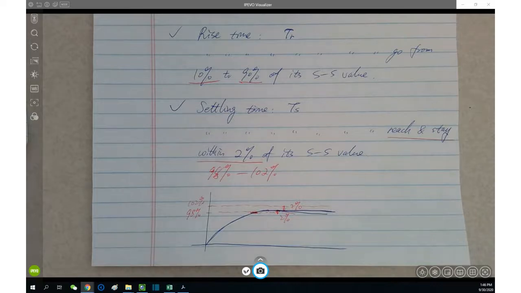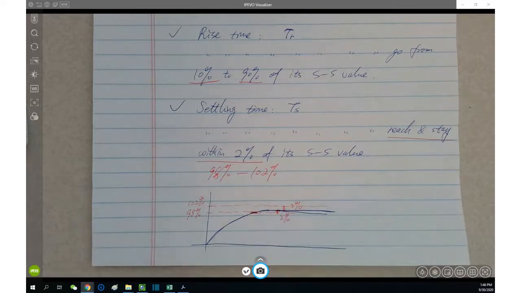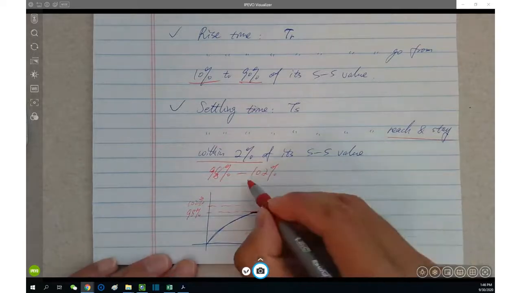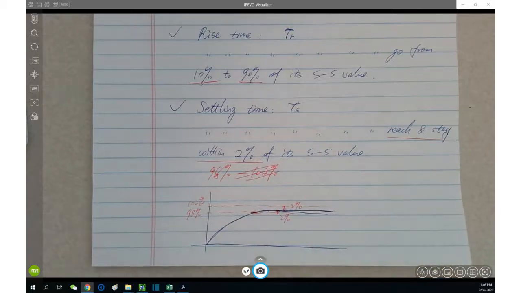But since this is a first order system, a first order system has no oscillation, right? No oscillation, what does it mean? Once you reach 98%, it can stay within the 98 to 100% of the steady state. It won't be exceeding the steady state. So in this first order system, we don't need to worry about the other 2% exceeding the steady state.